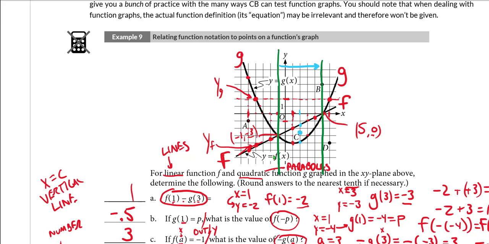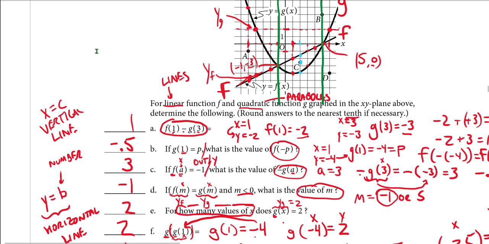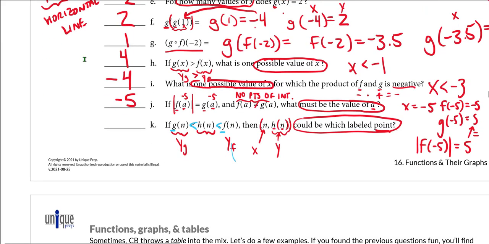It could be another line. But whatever the h function is, it could be the case that point C could be on that h function, because the y coordinate at point C is greater than the g function, but less than the f function. So I'm going to put point C. That could be the labeled point.